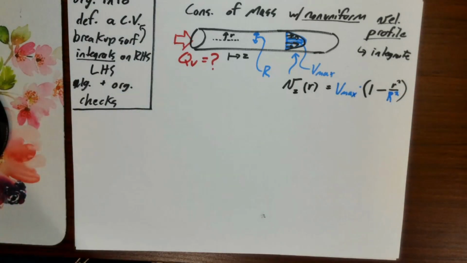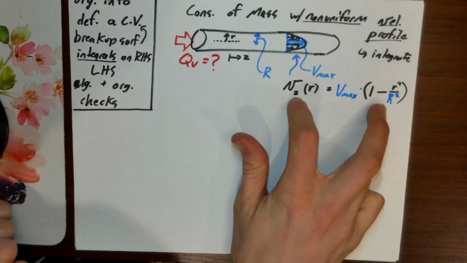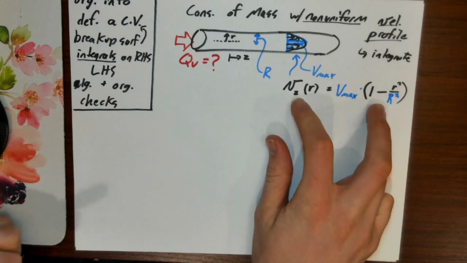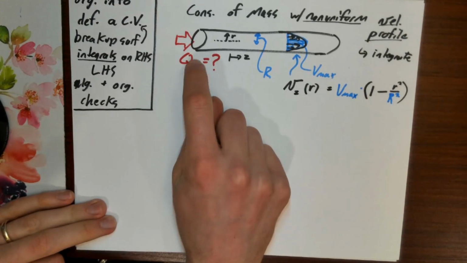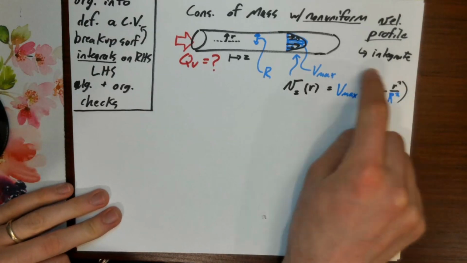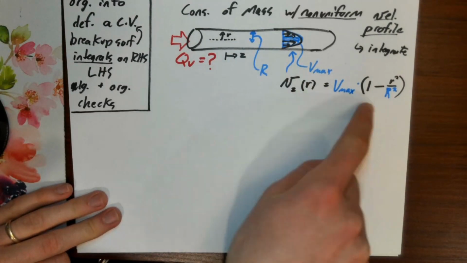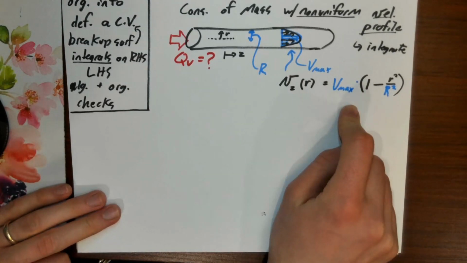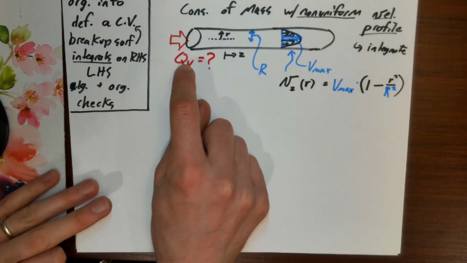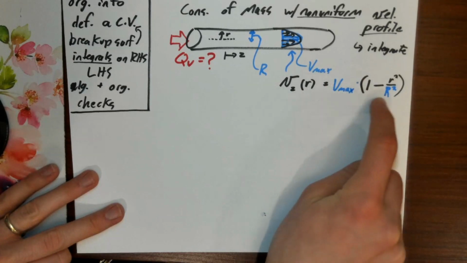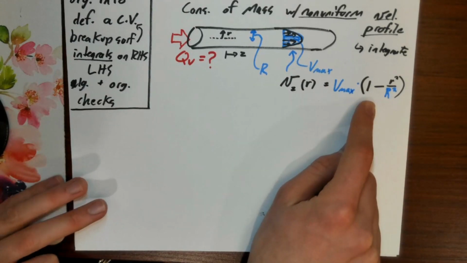So right now, let's say we're given this velocity profile, and we essentially want to say, hey, what is the volumetric flow rate that arises from all of the fluid velocities in this velocity profile? And can we get this volumetric flow rate perhaps in terms of some of these known parameters here?